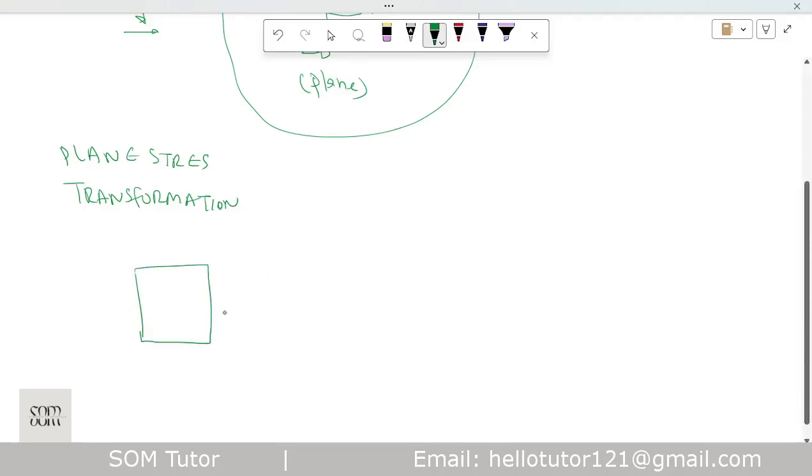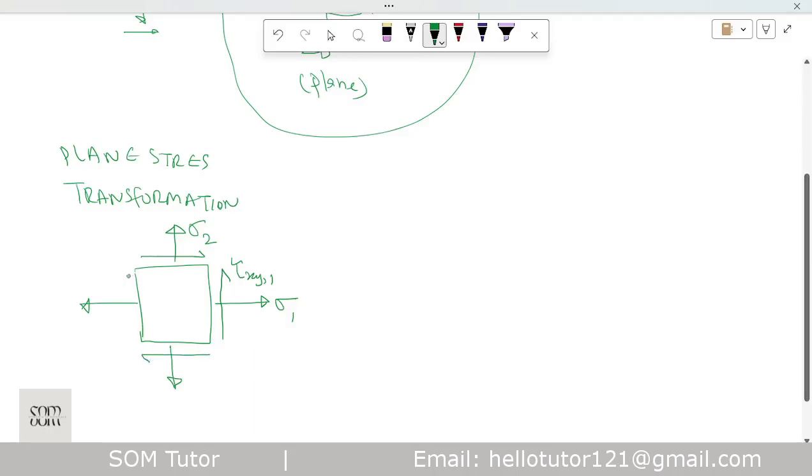So if I show it like this, for example, if we have a plane stress condition here, this is sigma 1, for example, this is sigma 2. Now let us say we have some shear stress, let me call it maybe tau 1, or rather tau xy 1. So we are going to have complementary stress like this.